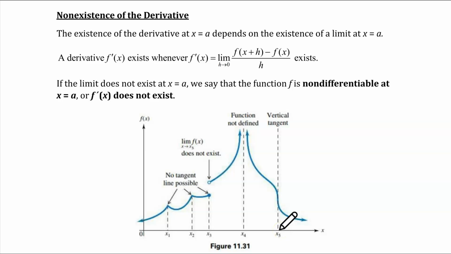So to sum this up, if the function is discontinuous at a point, then automatically the function is not differentiable at that point. Whereas if the function is continuous at the point, but a corner point or a sharp edge occurs at that given value of x, the function is not differentiable. And also if there is a vertical tangent line at that point, the function is also not differentiable.